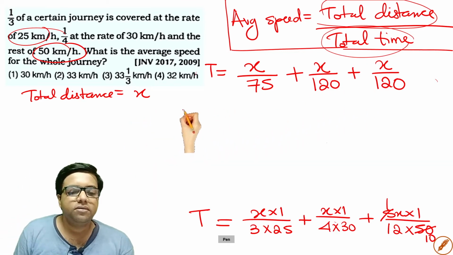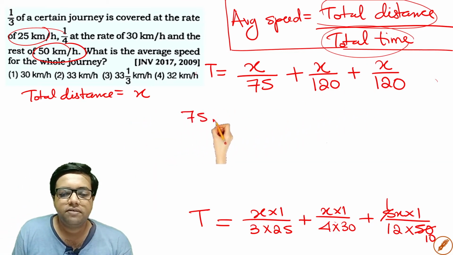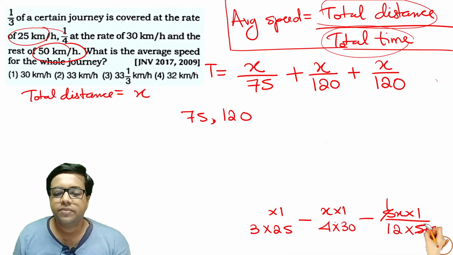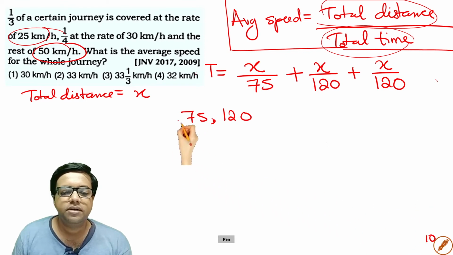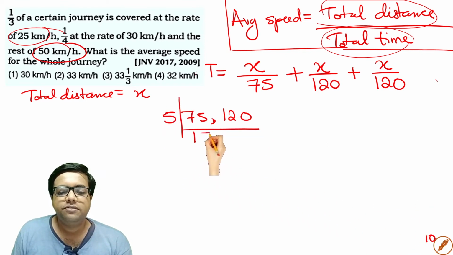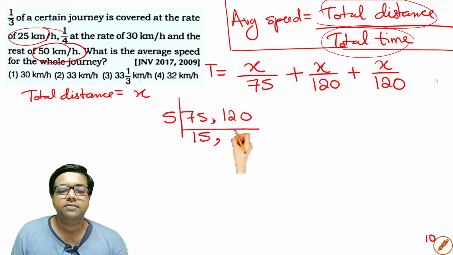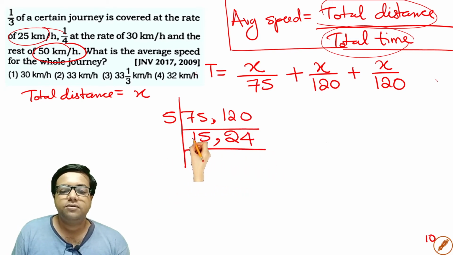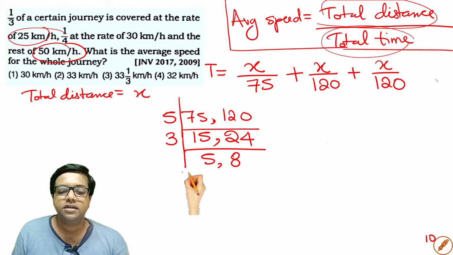So let's find it out. Let's just find the LCM of these two, 75 and 120. 5 15s is 75. 5 24s is 120. Now 15 and 24 will go by 3. 3 5s are 15. 3 8s are 24.